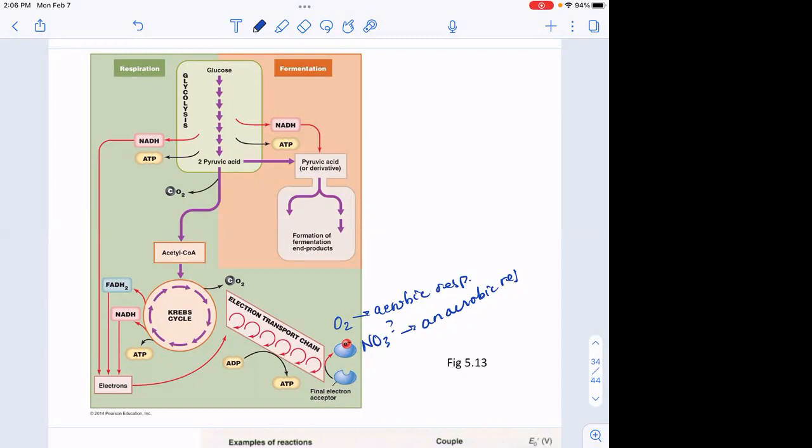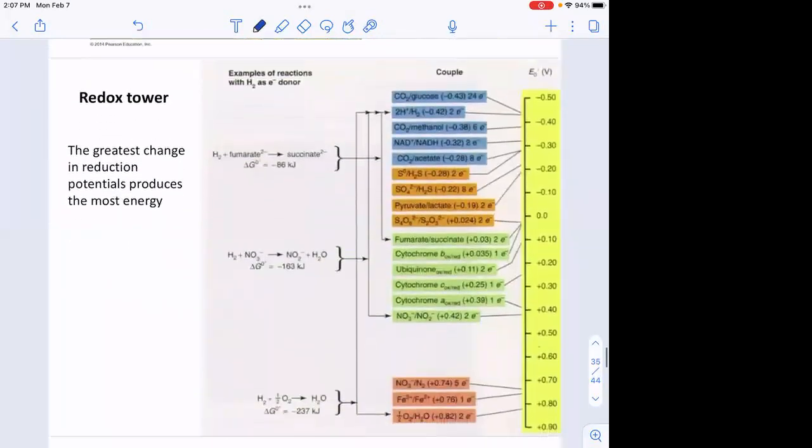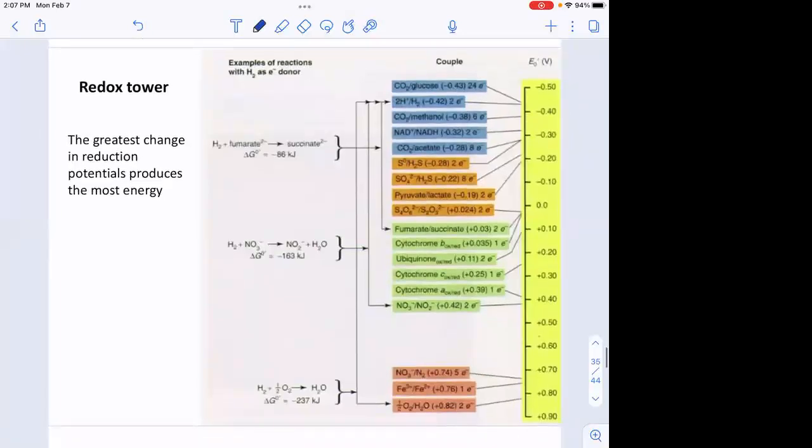Okay, so we're going to get to fermentation next in a second, but I want to make one more point about anaerobic respiration. I could just tell you this, but I want to try to explain why this is the case as well. That requires me to talk about this redox tower.